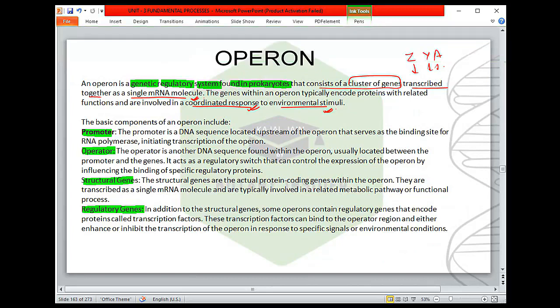What is the functionality of each of these? The promoter is a DNA sequence located upstream of the operon that serves as the binding site for RNA polymerase, initiating the transcription of the operon. I expect you now understand what an operon is, how RNA polymerase binds, and what the upstream site is. Doing a specific topic in a specific area is very important.